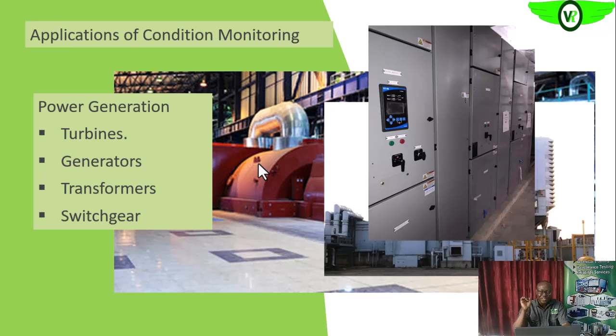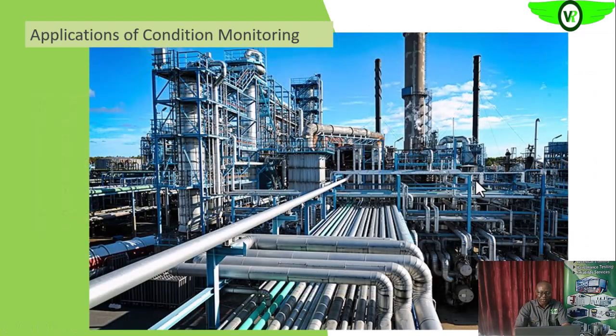Then ultrasonic technology will help us know if we have corona or arcing events within all of these switchgears. All of these are some of the condition monitoring technologies that we can use.